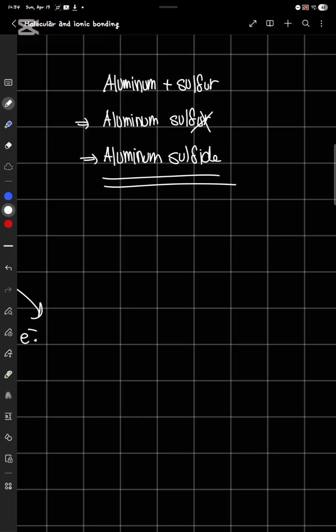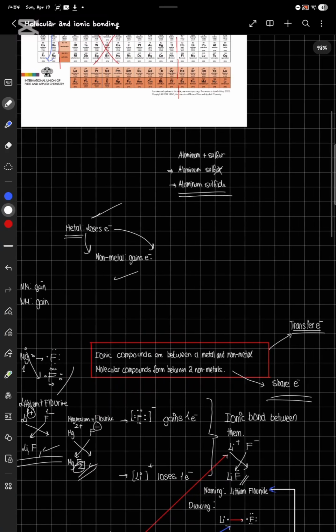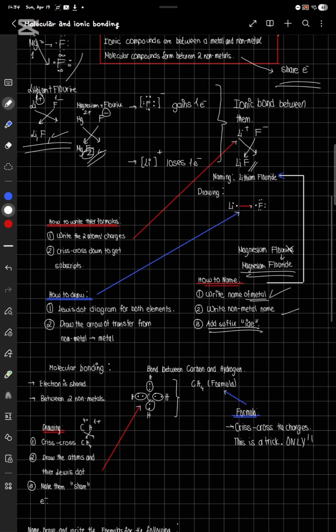If you watch a movie, you hear people say sulfide, right? Not sulfuride. So you know what it's supposed to sound like, and you can remove stuff and add the suffix accordingly. When you do so many practice problems, I assure you, you will get it. Okay. So the naming part is a bit more tricky, but it's still pretty easy.